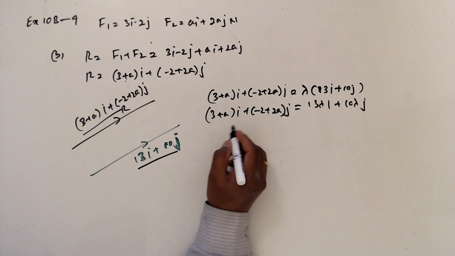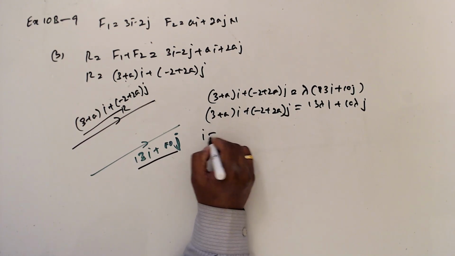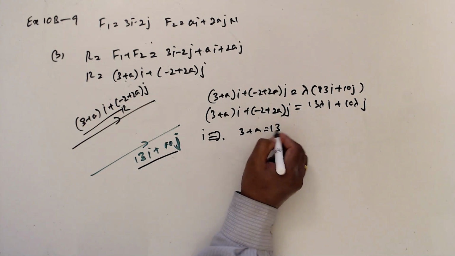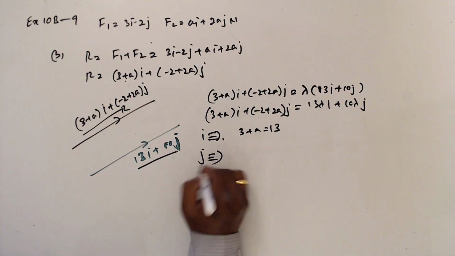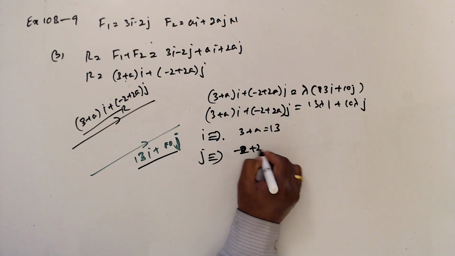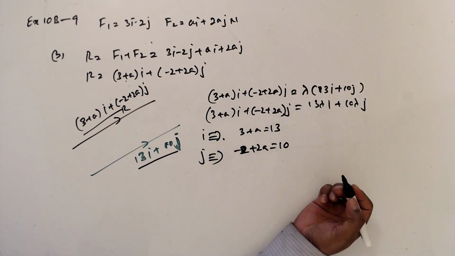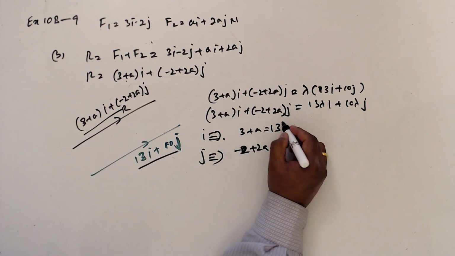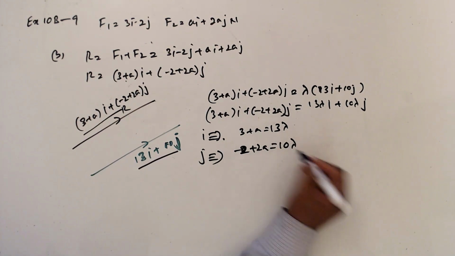Now when we consider the i component, 3 plus a equals 13 lambda, and the j component, minus 2 plus 2a equals 10 lambda.